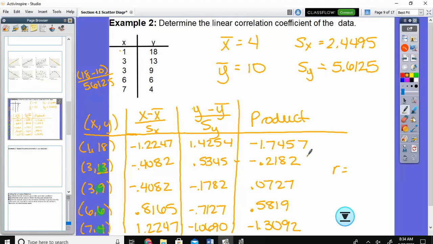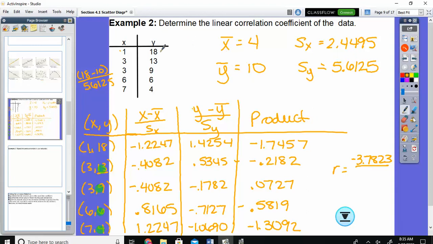So if I add up this column, divide by n minus 1.